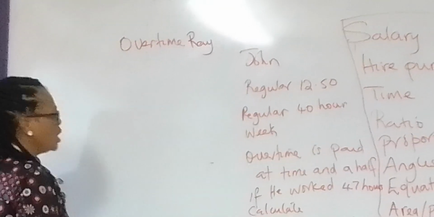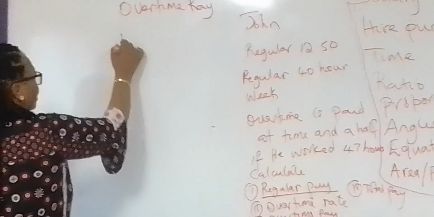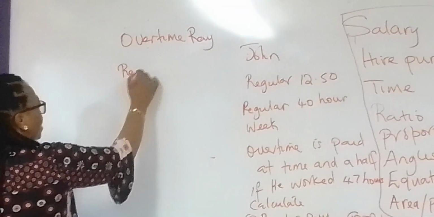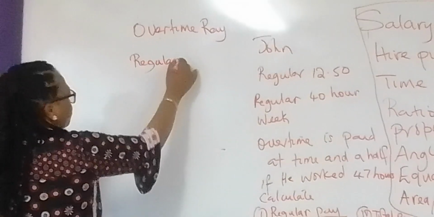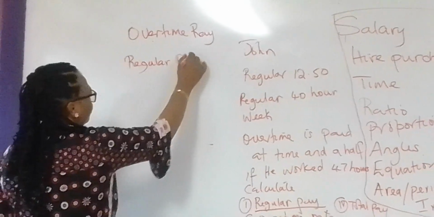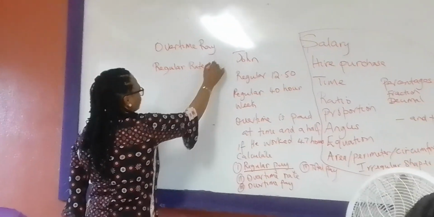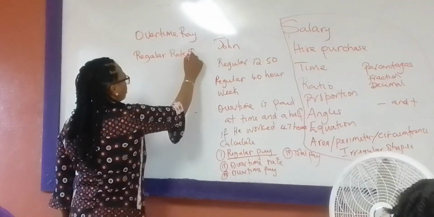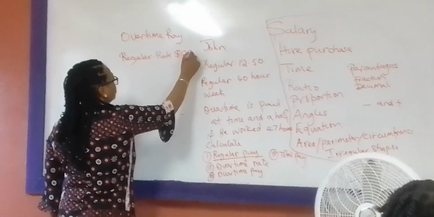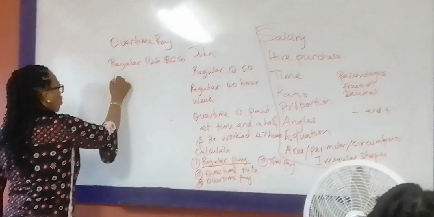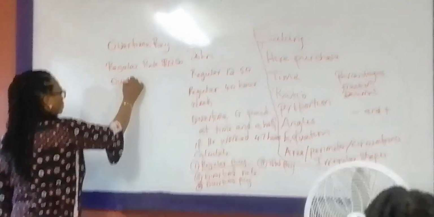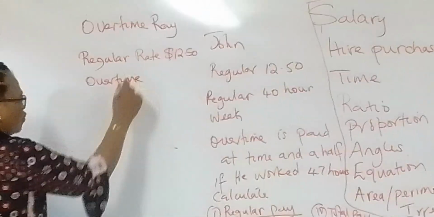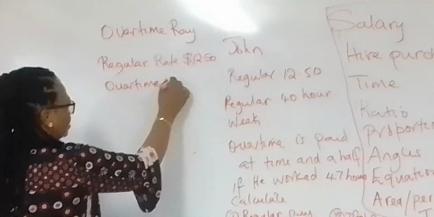I am going to take regular rate, which is $12.50. And I'm going to multiply that by the overtime rate.